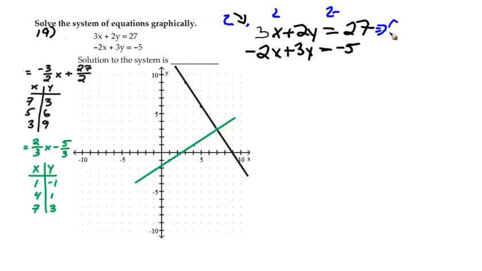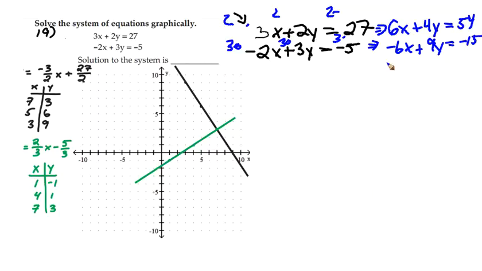So my new equation is 6x plus 4y equals 54. And that second equation, I'm going to multiply by 3. And I have a negative 6x plus 9y equals a negative 15.